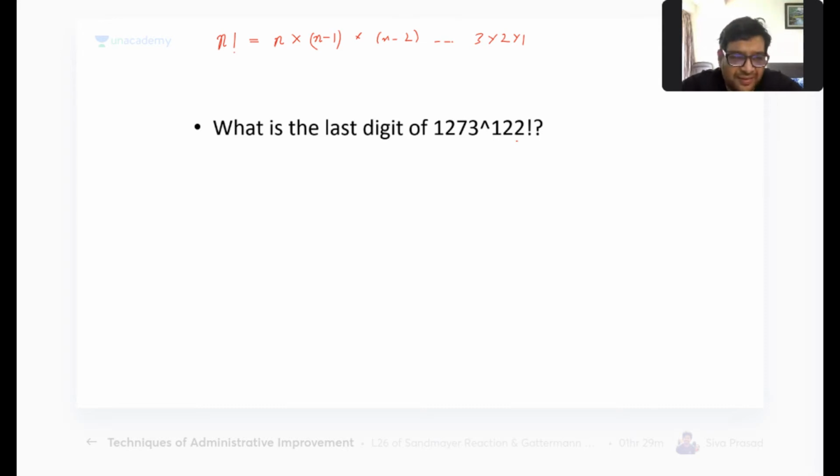Please tell me what do you think will be the answer here. Saloni, Siddhant. Should not be very difficult. Let me know if you can come up with an answer for this.